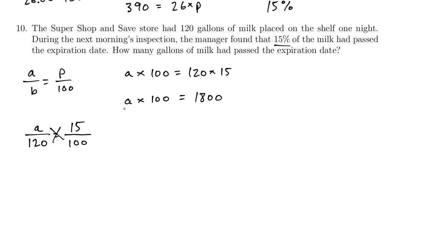We're going to divide both sides by 100. On the left, the hundreds are going to cancel out. We have A equals 1,800 divided by 100, which is 18. So that's the amount. That's how many gallons had passed the expiration date. So 15% of 120 would be 18, or 18 gallons of milk had passed the expiration date.